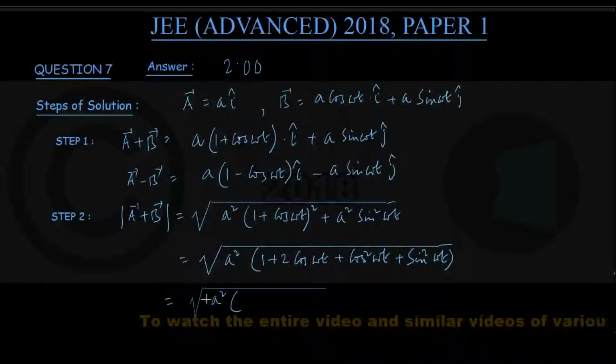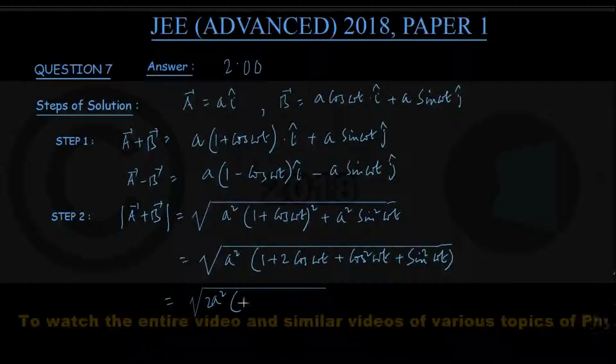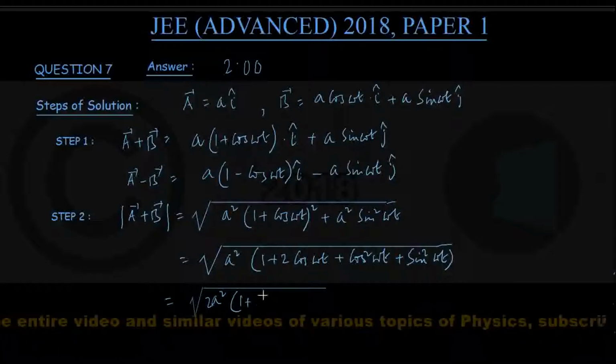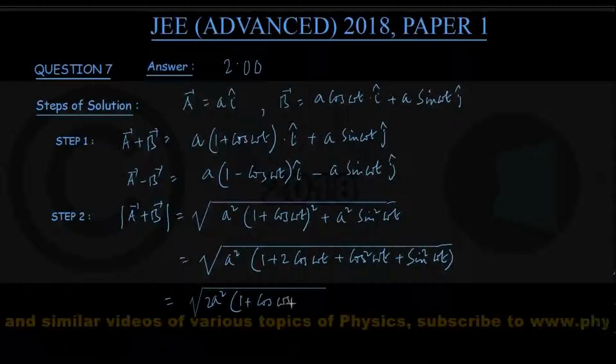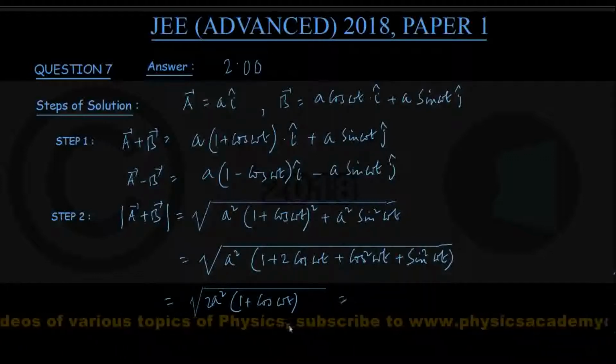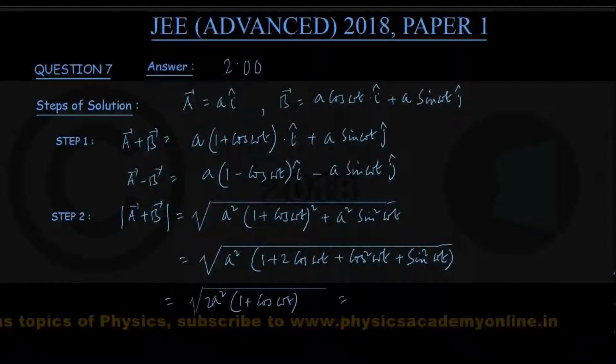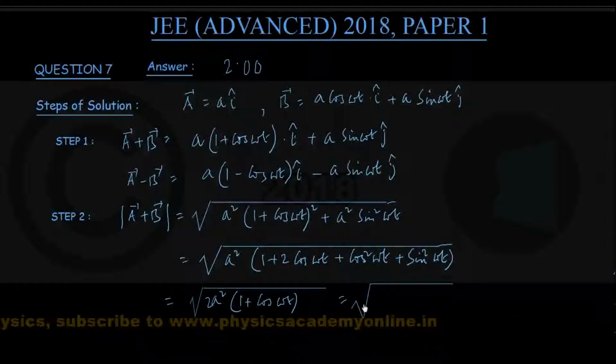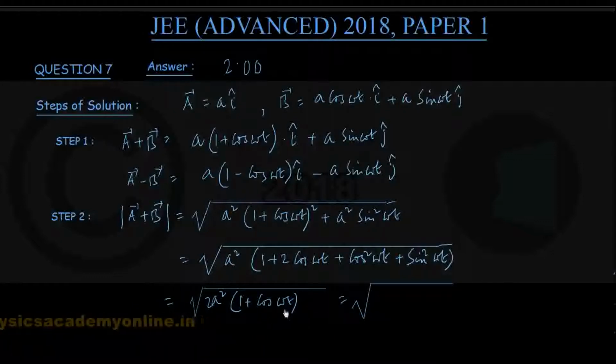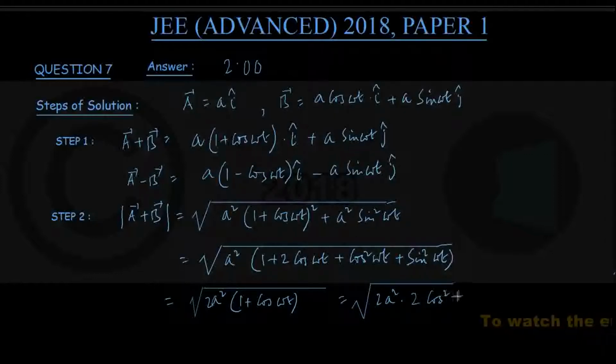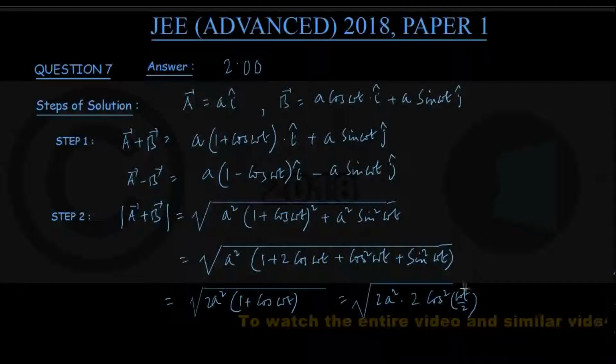I take these 2 outside, that is square root of 2A square into (1 plus cos omega t). Recall the formula for submultiple angle now: 1 plus cos omega t is 2 cos square omega t by 2. So you could write this as twice A square into 2 cos square of the submultiple angle omega t by 2.